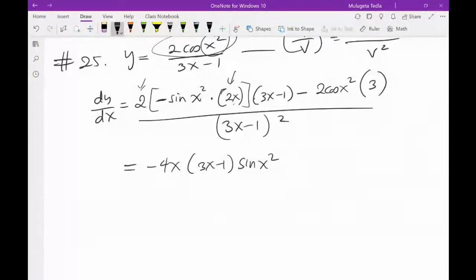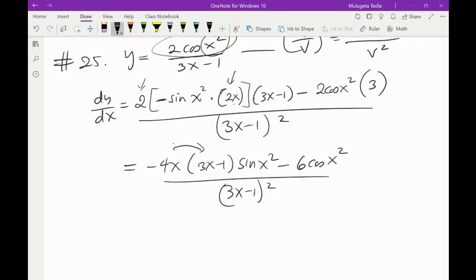I took care of everything, minus 6 cos x squared over 3x minus 1 the whole square. You can multiply these two, but it's okay, you can leave it the way it is. Because there is no 3x minus 1 here, you cannot cross this by this. No, because you need 1 in here to cross out.